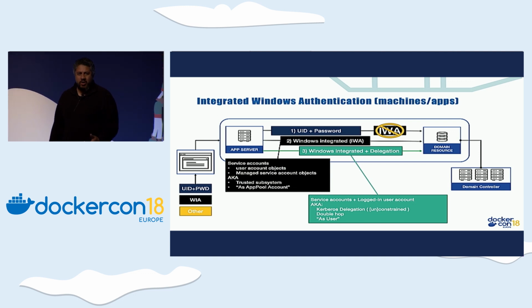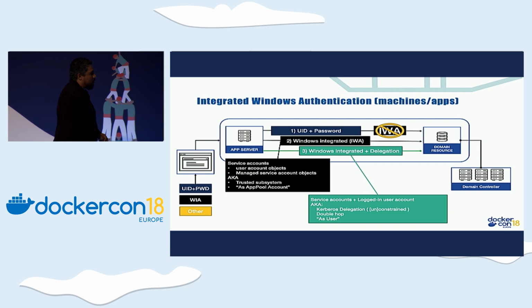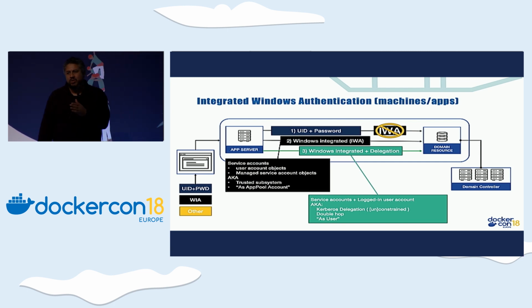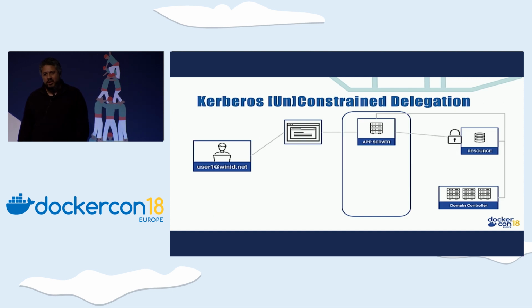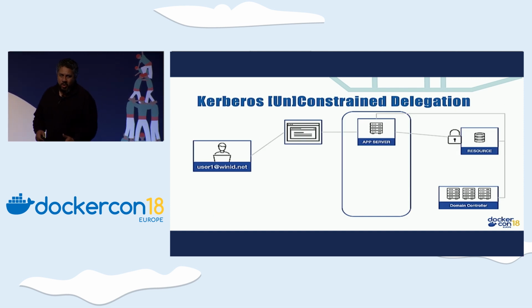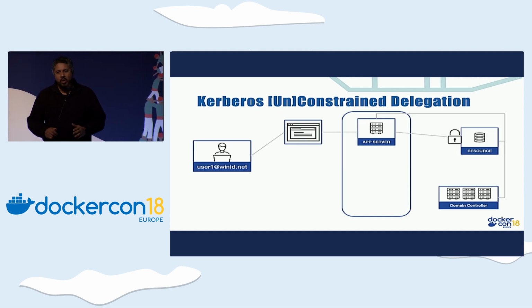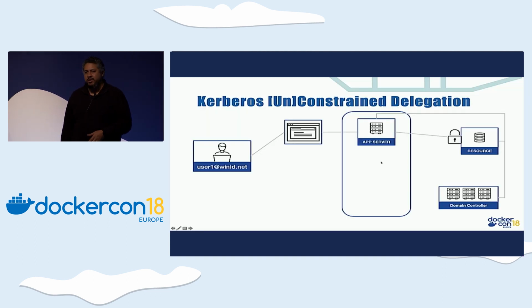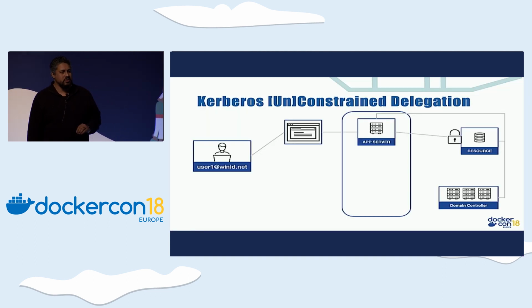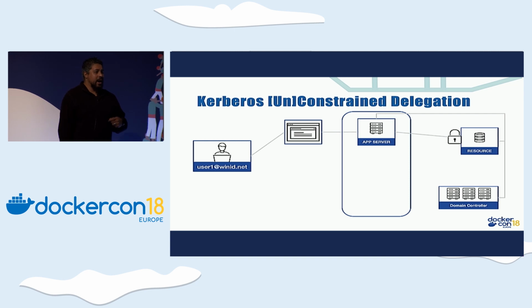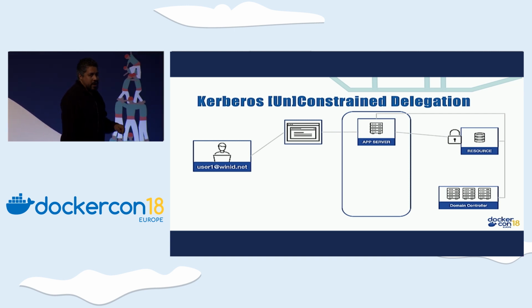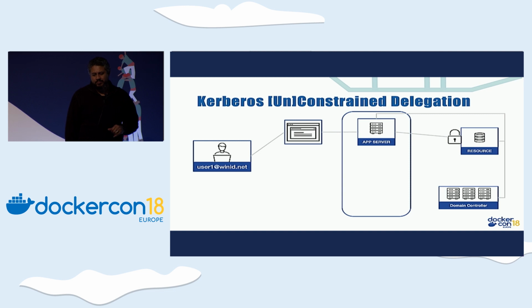There's another scenario that gets a little more complicated where we talk about a delegation scenario, and that's where the service account is able to take that user's information, their authentication session, and actually pass that to the back end server, right? That's delegation. What does that look like? There's this concept within Kerberos called constrained and unconstrained. All we're saying here is it's constrained to a particular service, or unconstrained, which means I'm allowing it to bounce around the environment using Kerberos.